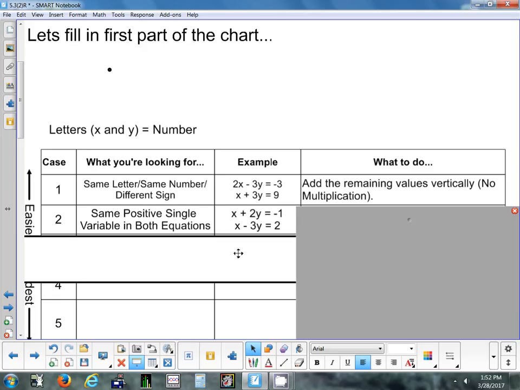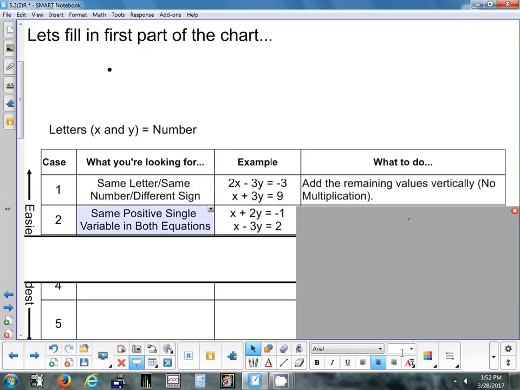So here we got x plus 2y equals -1, or x minus 3y equals 2. What's my positive single variable in both equations? Josh? X. X has just a 1 attached, even though it's not written there. It's positive in both equations.